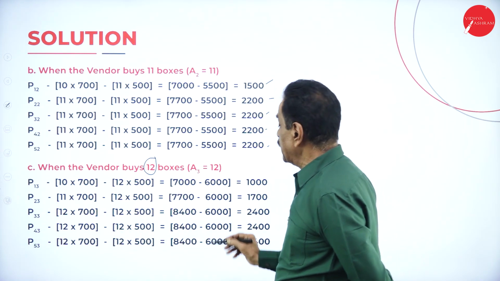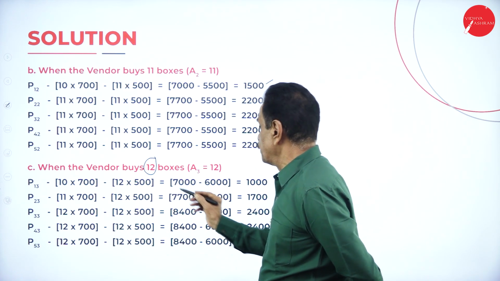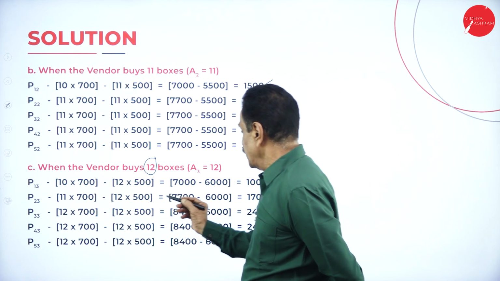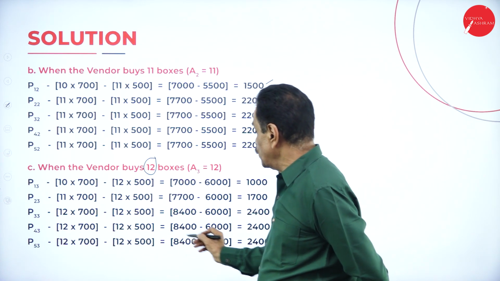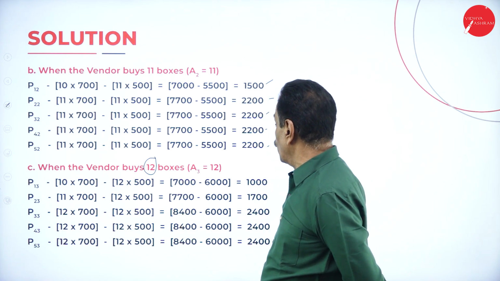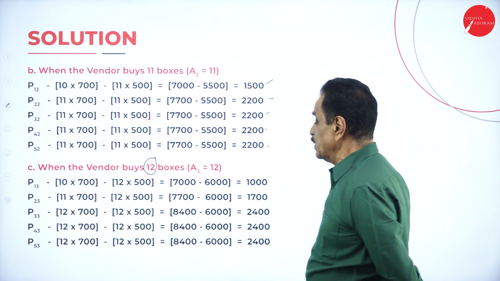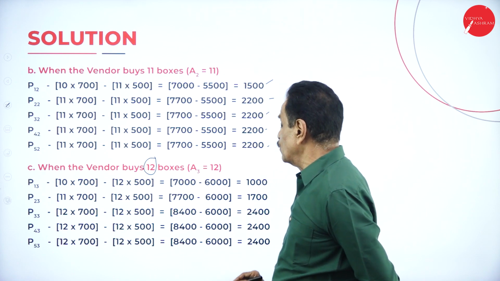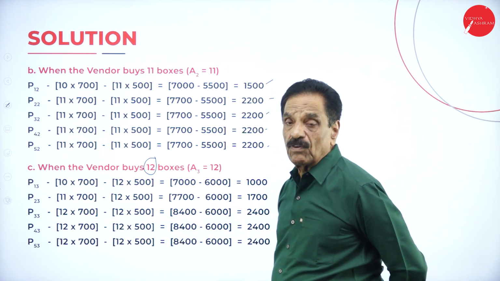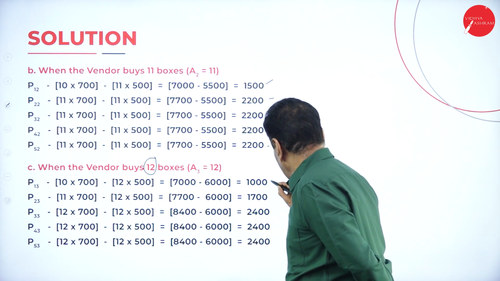So 10 into 700 is 7,000. This is 6,000. This is 8,400 minus 6,000. It will come 2,400.